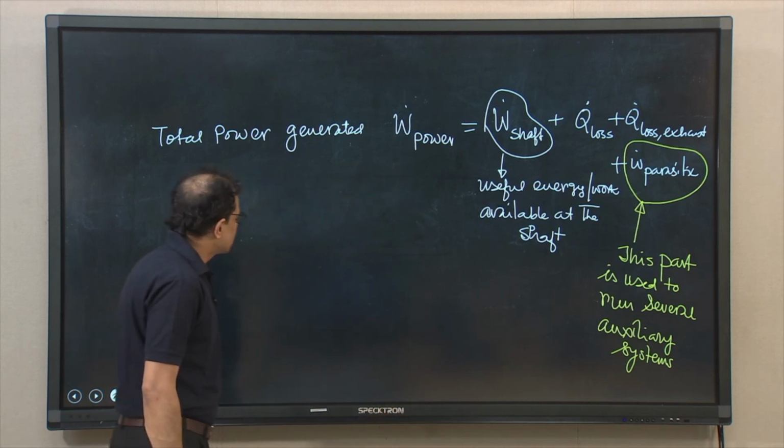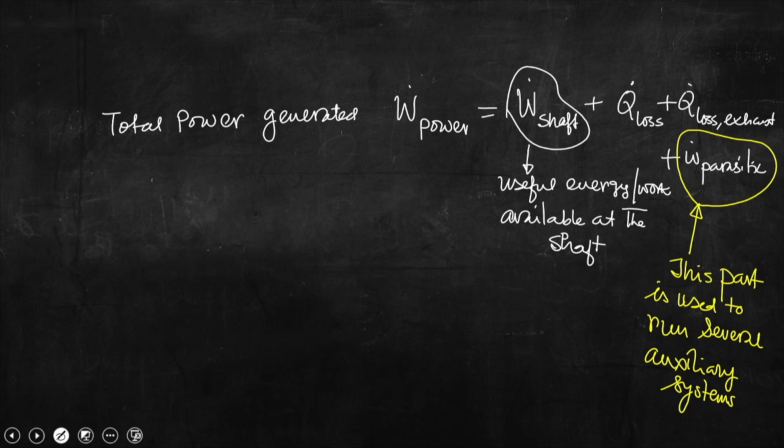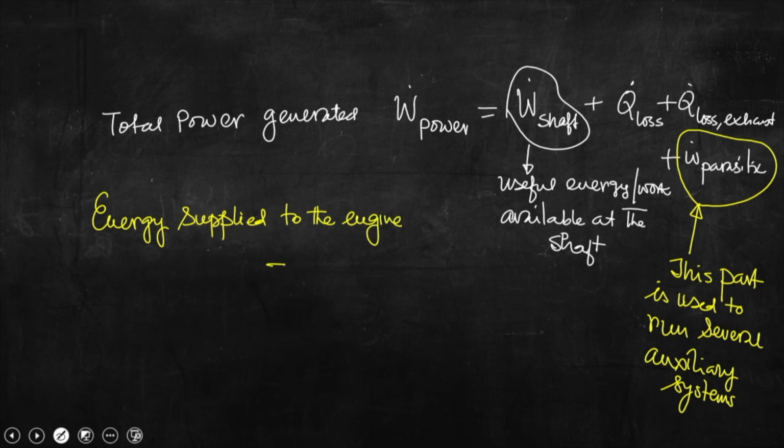So, if we look at that energy supplied to the engine, it is m dot f into q h v, mass flow rate of fuel multiplied with heating value of the fuel.